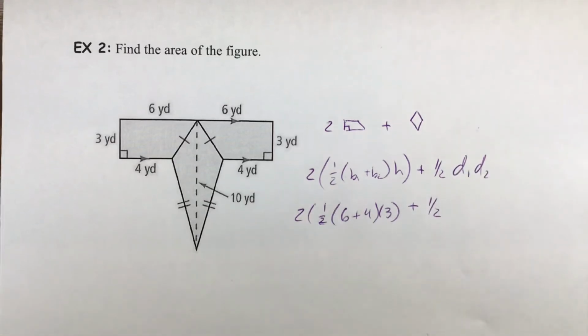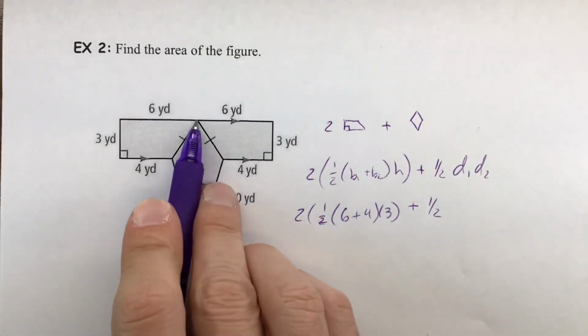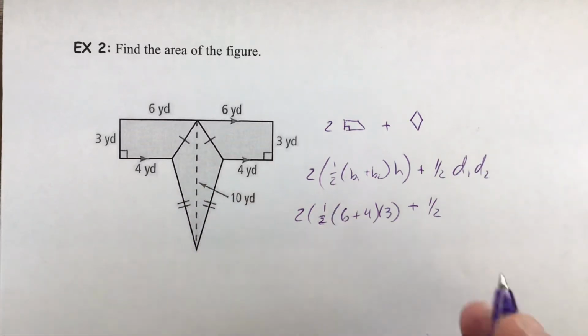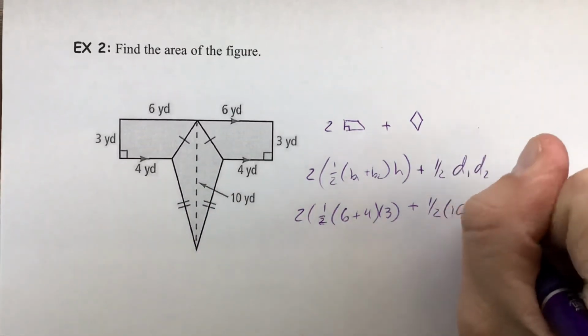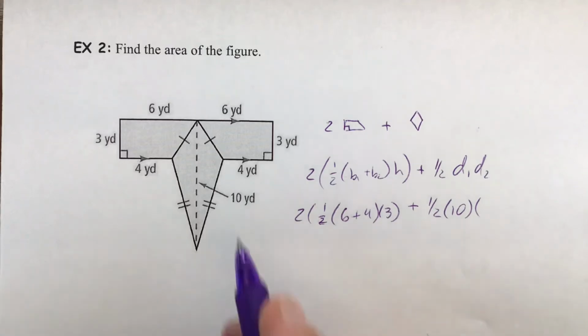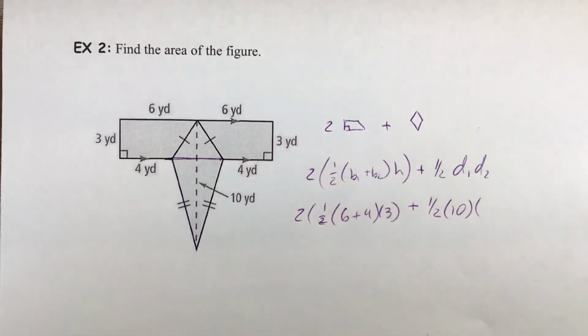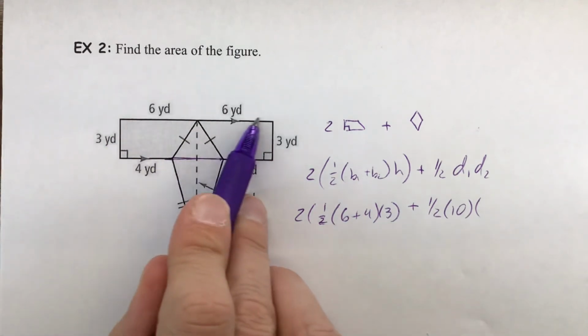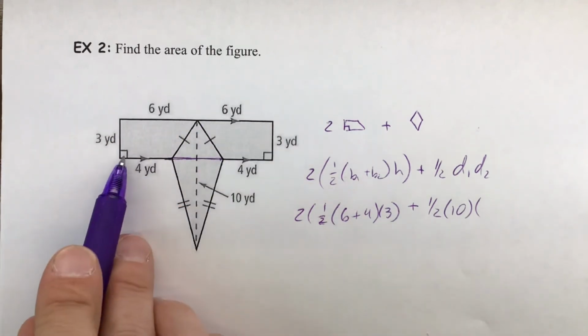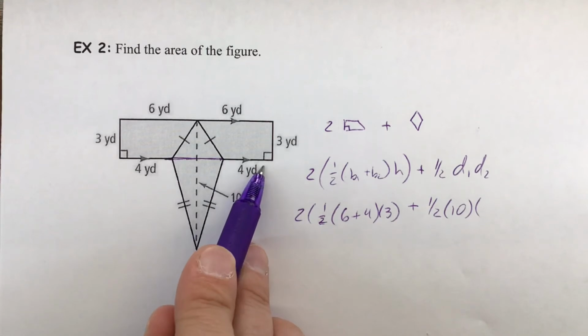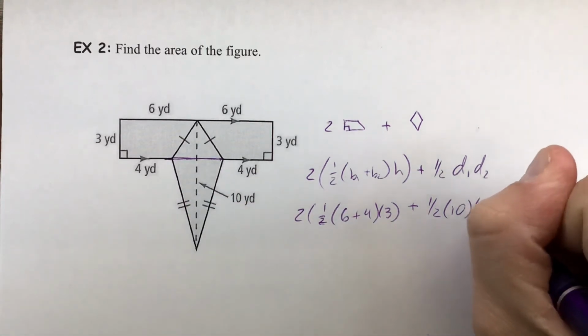Okay, then for the kite, we've got 1/2 the product of our diagonals. This diagonal here is shown to be 10. The other diagonal would be right here, not given to us, but this length here is 12, and we've got 4 and we've got 4, so that would also need to be a 4.